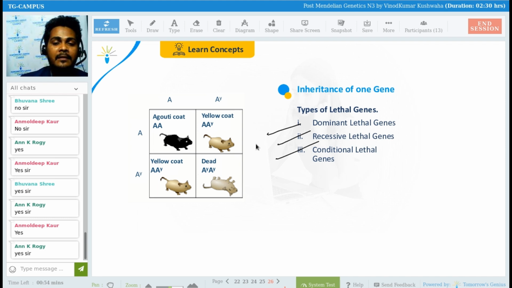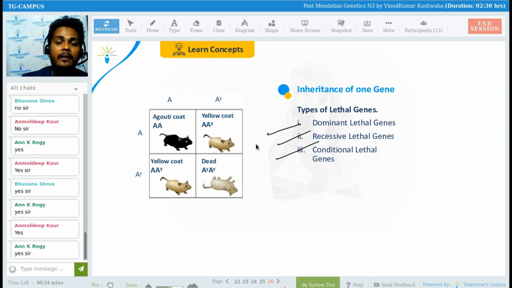For example, the lethal gene was first discovered in mouse body color. Then it is also inherited in sickle cell anemia in man. So these are typical examples of dominant lethal gene.